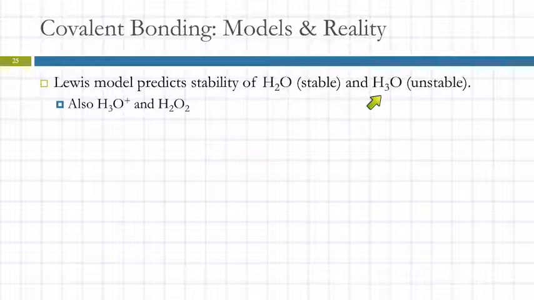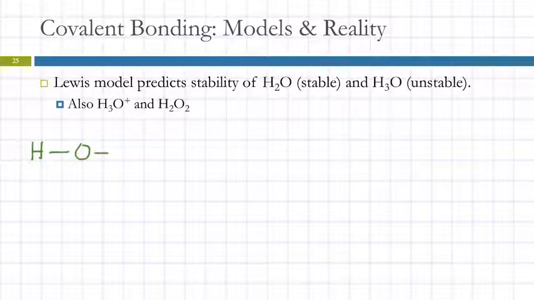You don't find that naturally occurring. And you could make it, but it's going to react very quickly and go away. There's also 2 other combinations of hydrogen and oxygen, H3O plus and H2O2. So we're going to look at the Lewis models for these and see what we see.